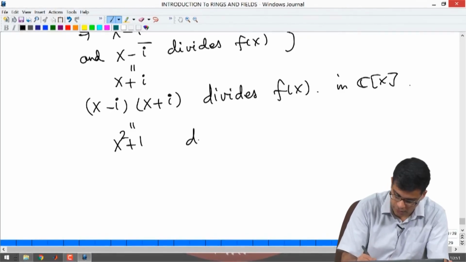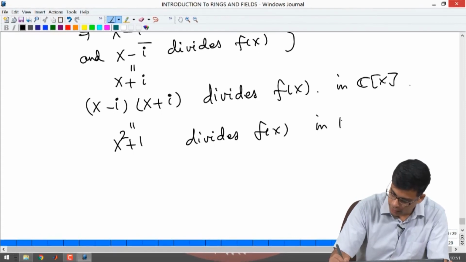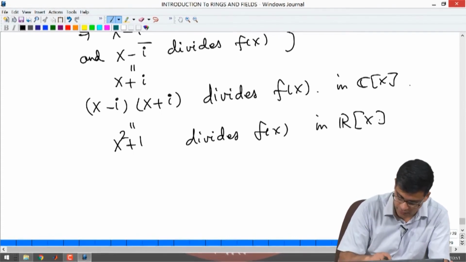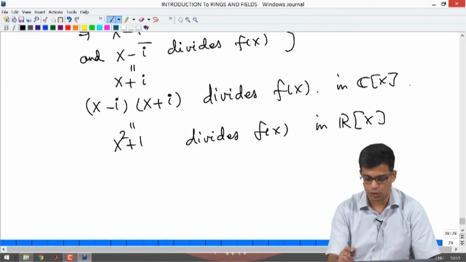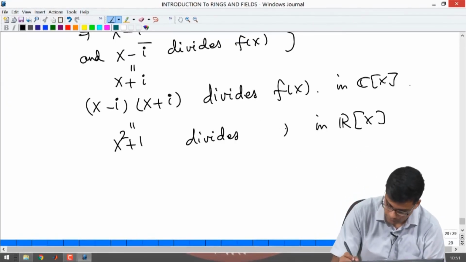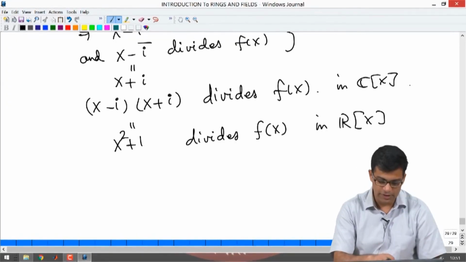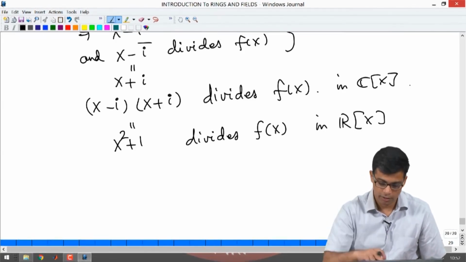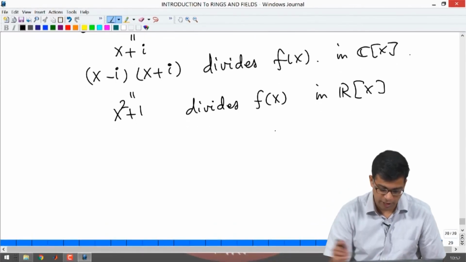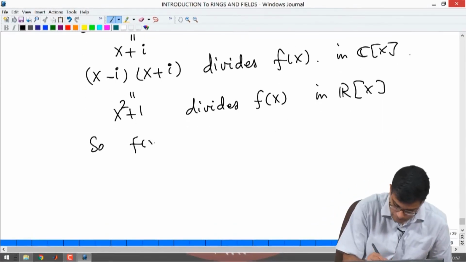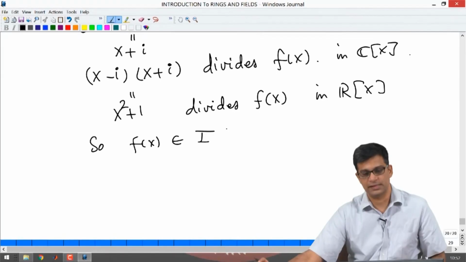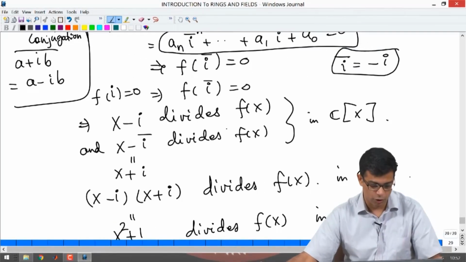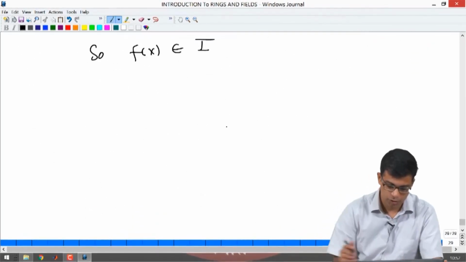So, x squared plus 1 divides f of x, you can say in R[x], because now x squared plus 1 is in R[x] and f of x is also in R[x]. So, if x squared plus 1 divides f of x in a larger ring, it also divides it in the smaller ring. That means f of x is in I. Okay, so, this is a long proof, but it is important to understand this.